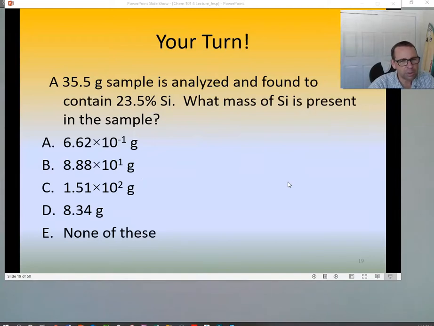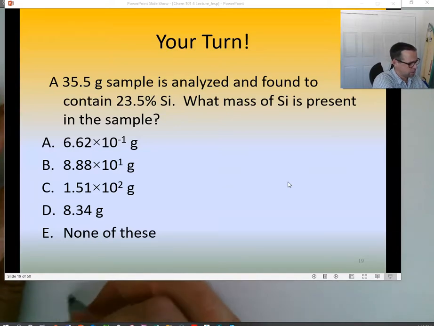Here's another example that we have to be comfortable with, even though it's an old-fashioned way, and maybe everybody knows how to do it. There's a few out there that don't remember how to do this sort of thing. But we have to think how to answer a question where it says, if I have a 35.5 gram sample and I find that it's 23.5% silicon, right?